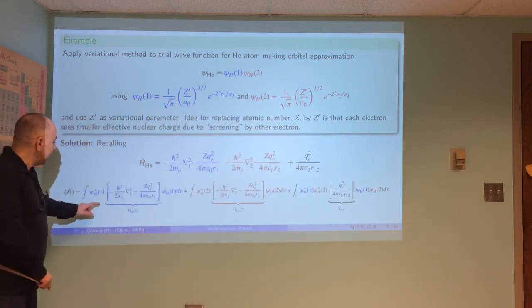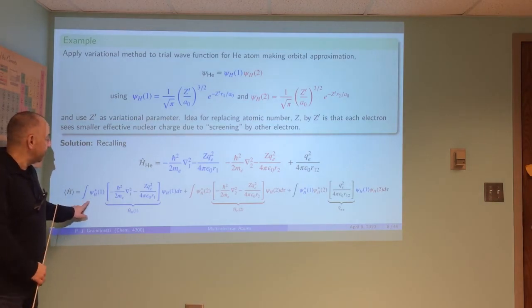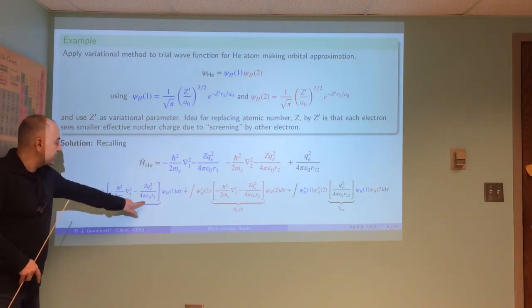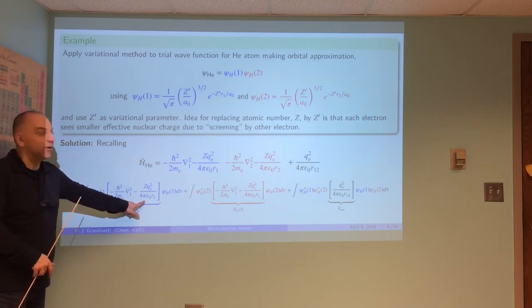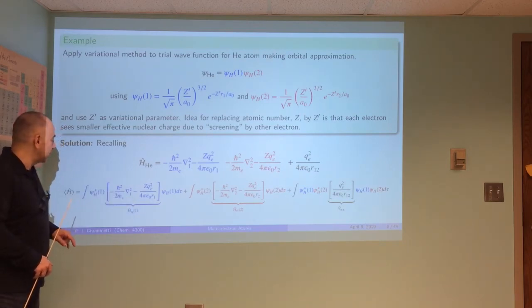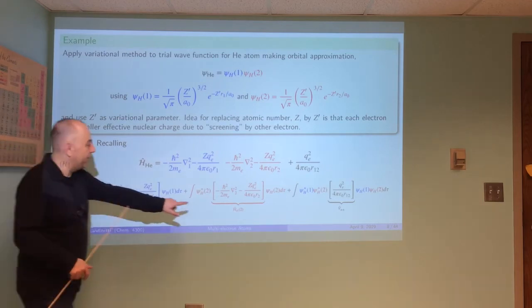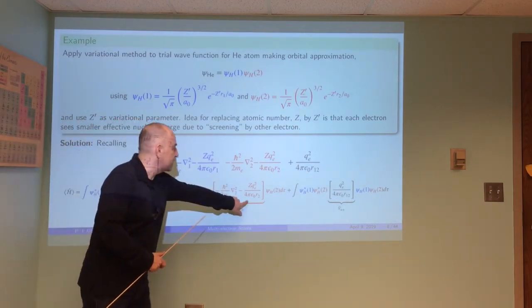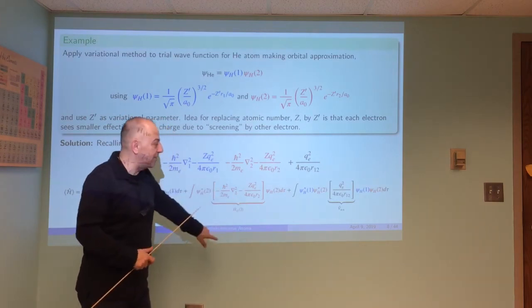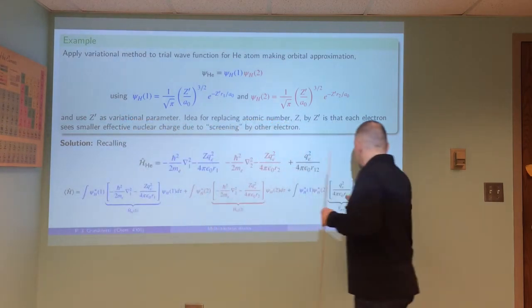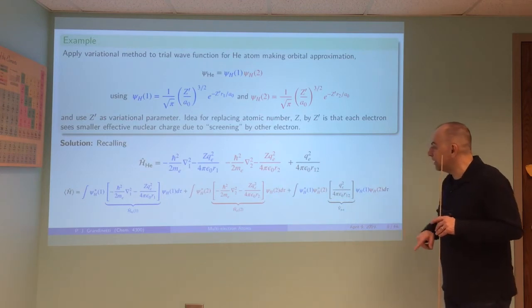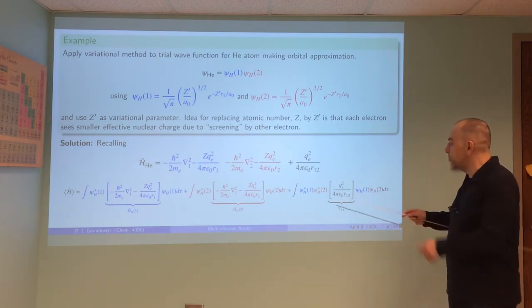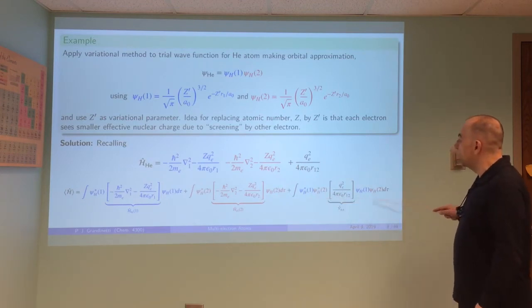The integral for the energy is going to involve electron 1, and here's the Hamiltonian we'd have if it was non-interacting with the other electron. And then for electron 2, its expectation value for its energy as if it was non-interacting. But then we have to add this last term, which is the Coulombic repulsion term, which you can see is going to involve both wave functions.